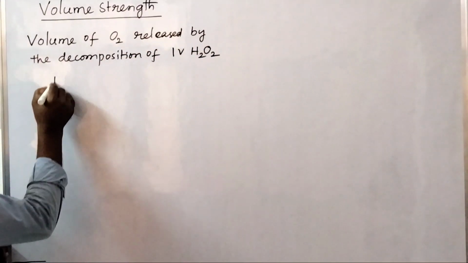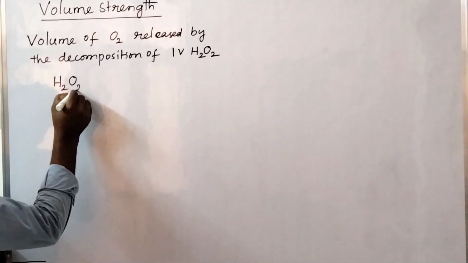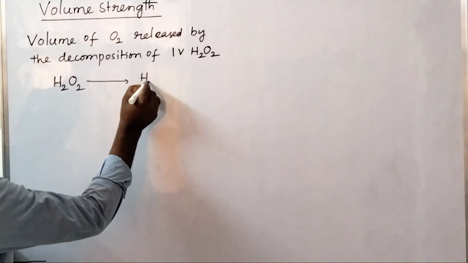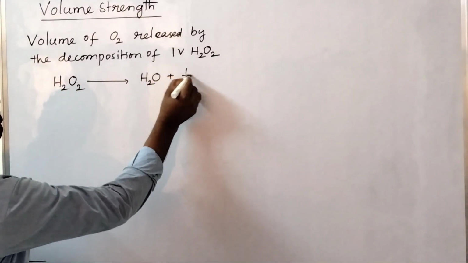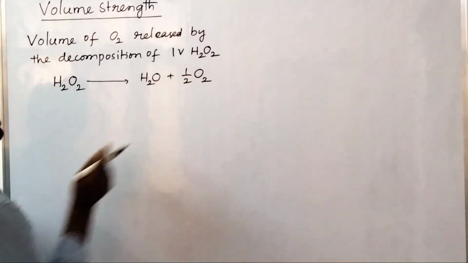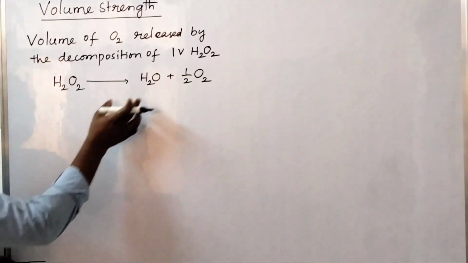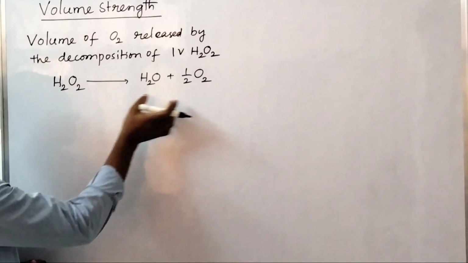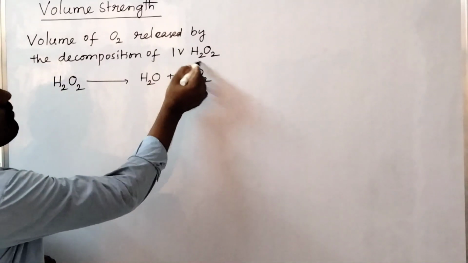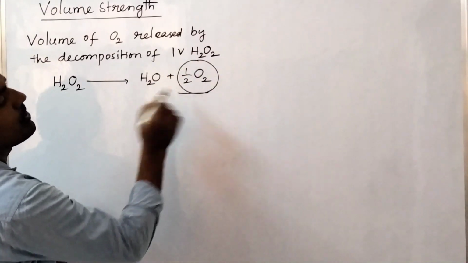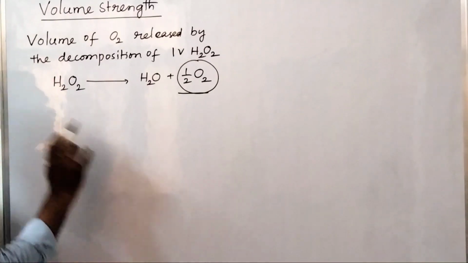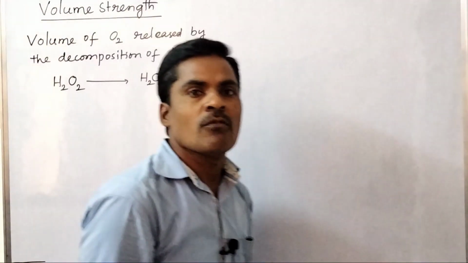Hydrogen peroxide decomposes into water and oxygen. The hydrogen peroxide splits into water and oxygen. The volume of oxygen released by the decomposition of one volume of hydrogen peroxide is called what?